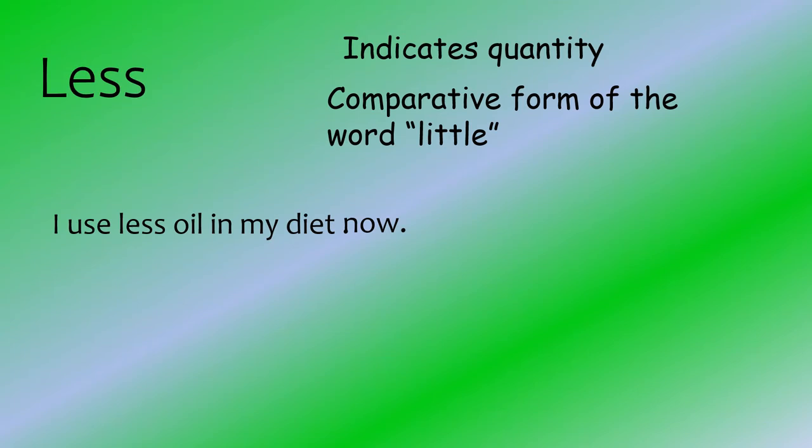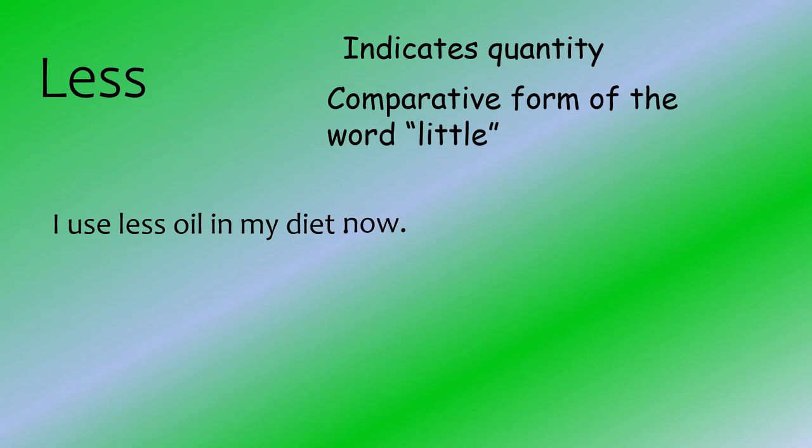Earlier we used a lot of oil, but now we have reduced the measurement. We cut down the quantity of oil in our diet. So a comparison is going on between the present state and the past state. And less the determiner helped us to compare the present state of oil consumption and the past state of oil consumption.